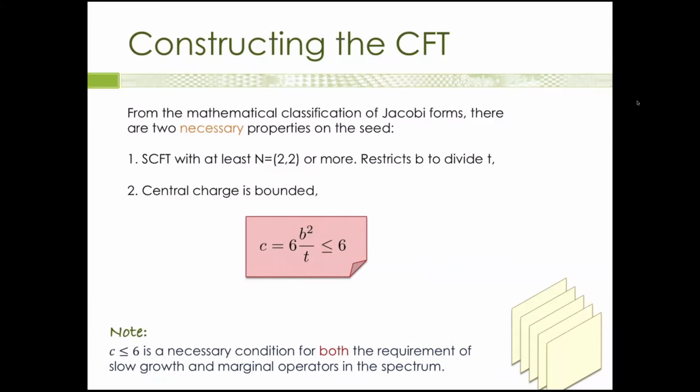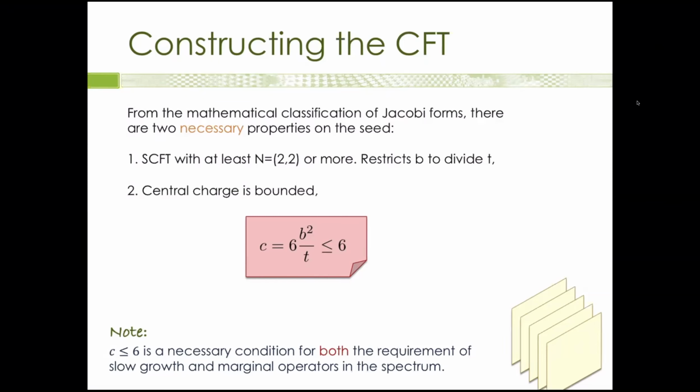So B squared has to be less than T, otherwise you always find fast growth. We proved that.